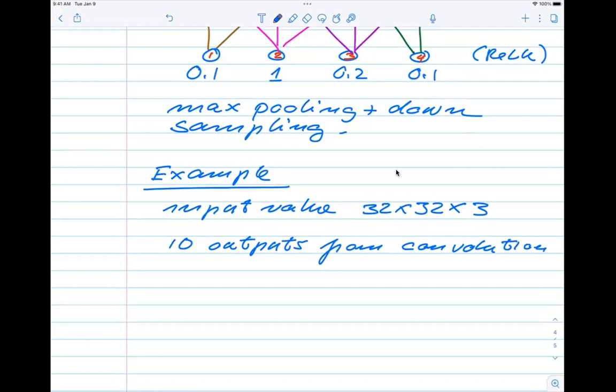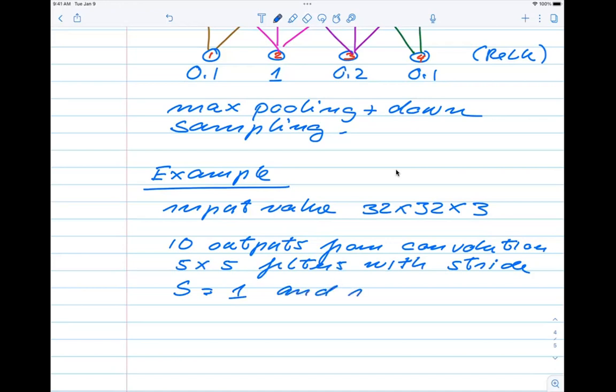So the whole filtering process is going to be a series of such operations where you gradually reduce the dimensionality of the image. You could have 10 outputs from the convolution, and you would have filters of 5 by 5, and then with stride equal to 1, for instance. Again, the stride parameter is something which people play around with. And no padding, so let's assume that.